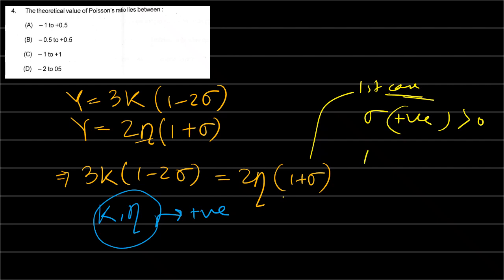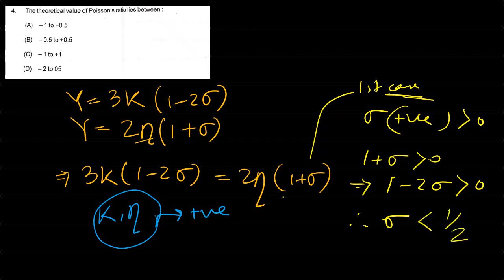Then 1 plus sigma is greater than 0. That implies 1 minus 2 sigma also needs to be greater than 0. From here we conclude that sigma should be less than half.